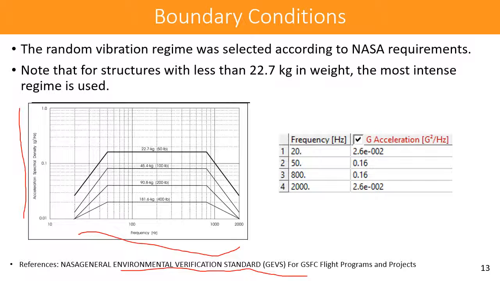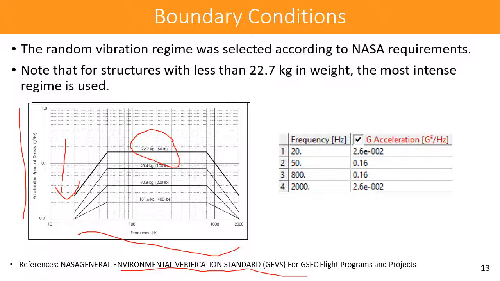And it shows 4 curves, so you can see that the ASD decreases with increasing mass. And there is a formula in the document that you can use to calculate the regime that you need for the specified mass. However, for masses of 20.7 kilograms or less, you just need to use the highest one, which is this.